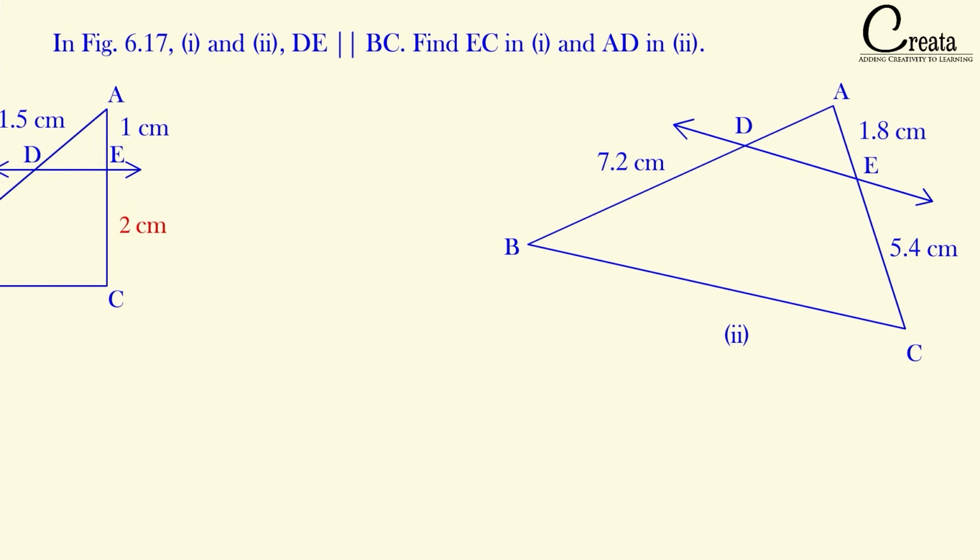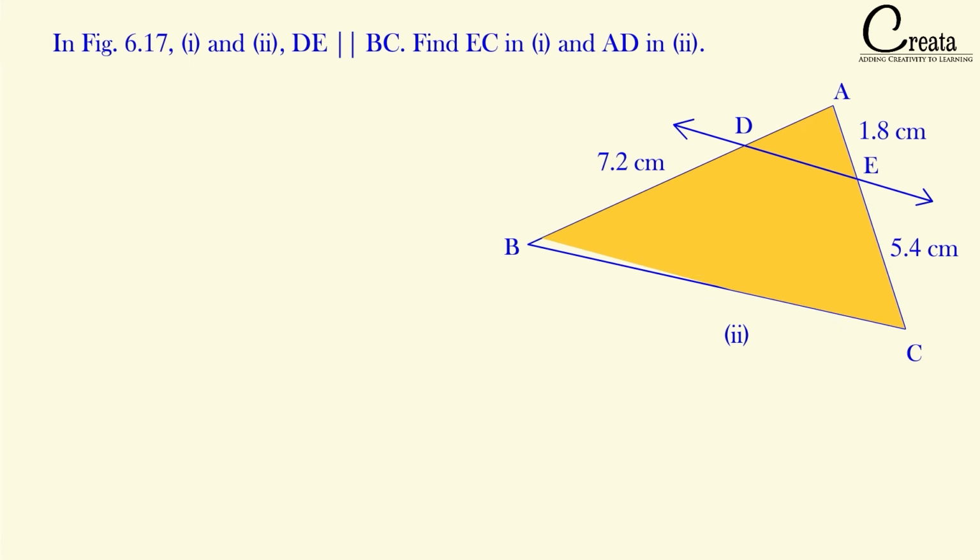Let's take down the part 2. In the part 2, again a triangle ABC is given, and further the DE is given as parallel to BC. So DE and BC, these two line segments are parallel to each other. So again we can use the BPT theorem, but here AD is missing. We know DB as 7.2 cm, AB as 1.8 cm, and EC as 5.4 cm. AD is missing in this part.